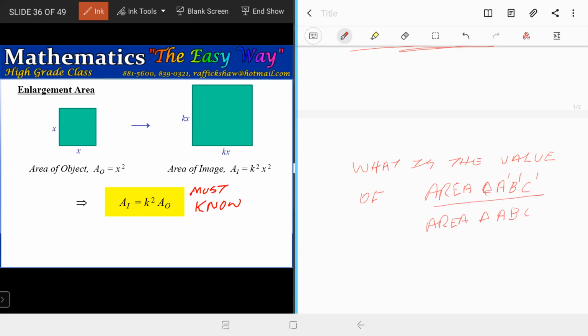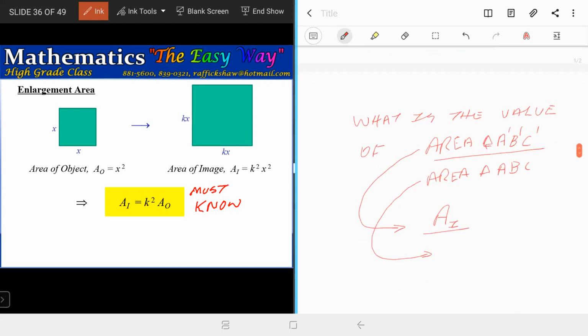I must realize that this really is area of image over, and this one is really area of object. That's what that is really, and that is simply k squared.